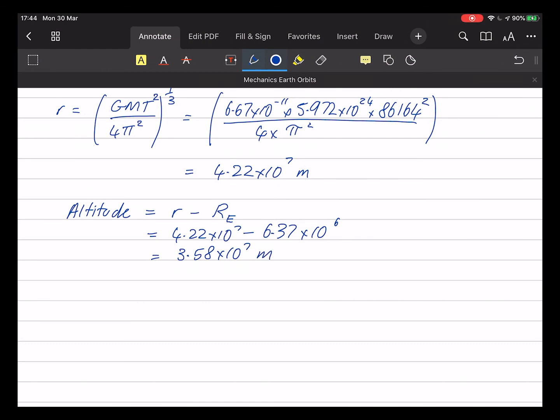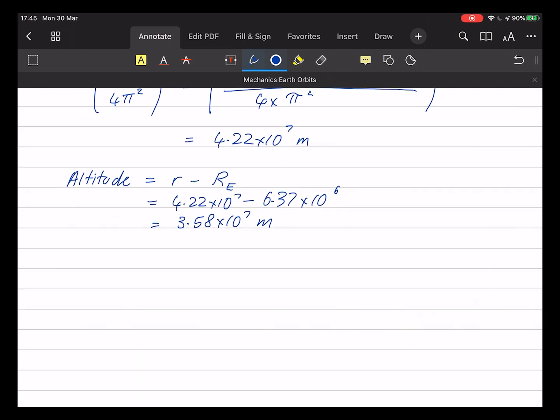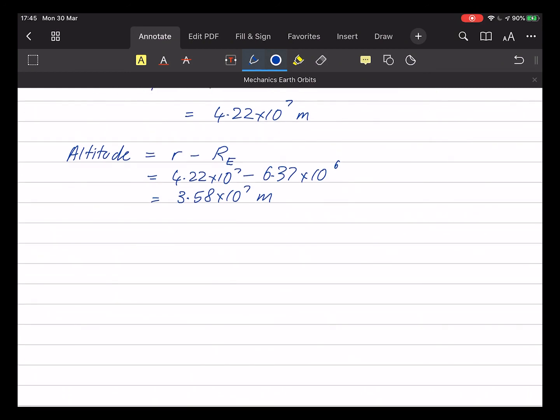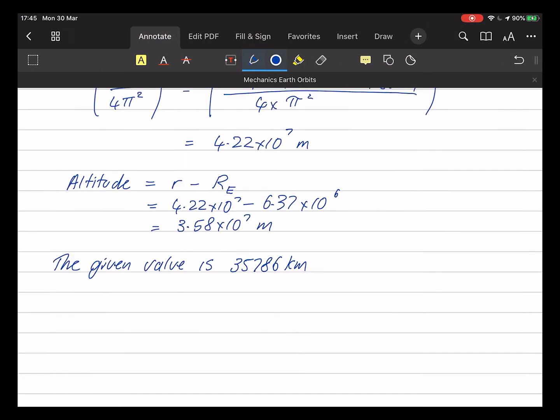All right, so that's 36,000 kilometers. We're told the given value is actually 35,786 kilometers.